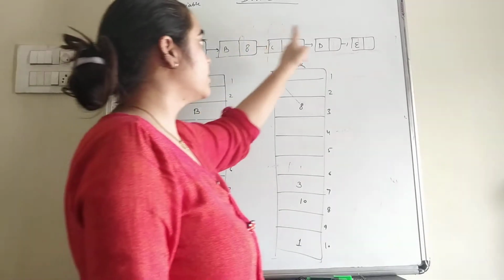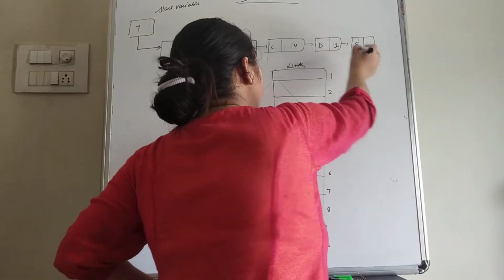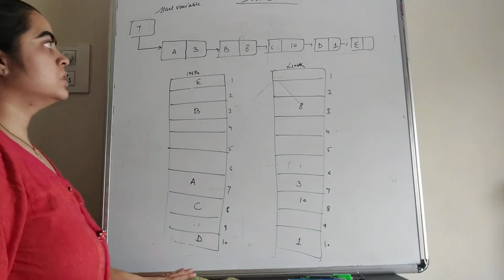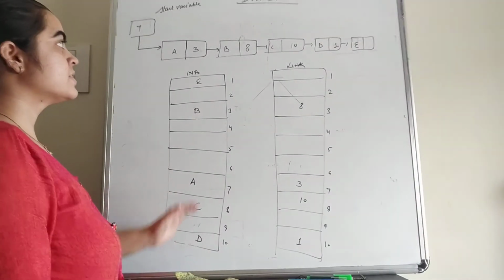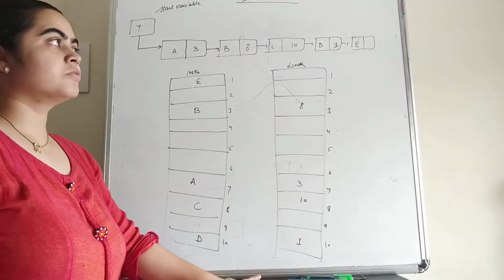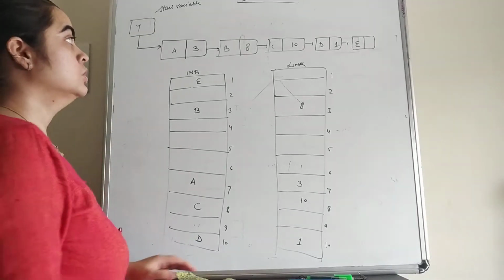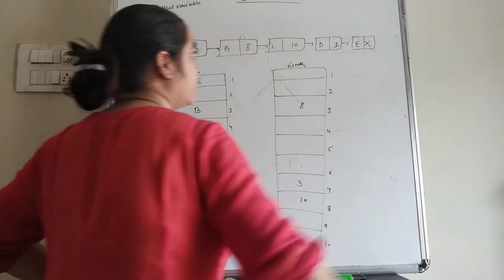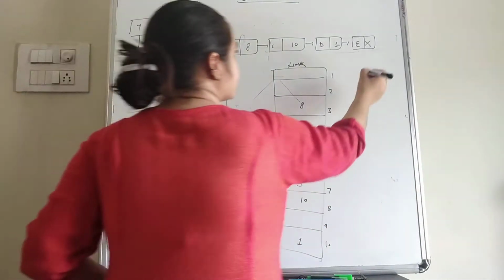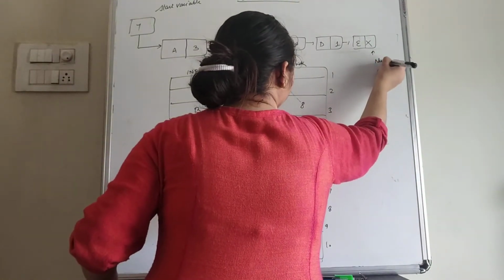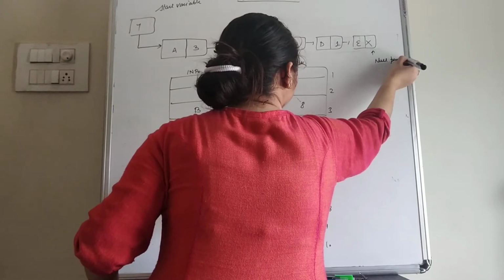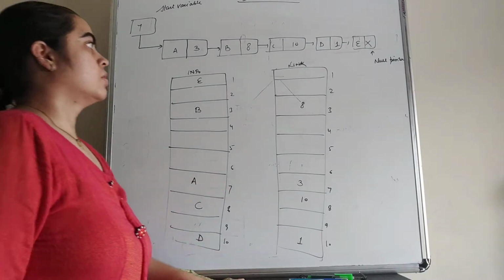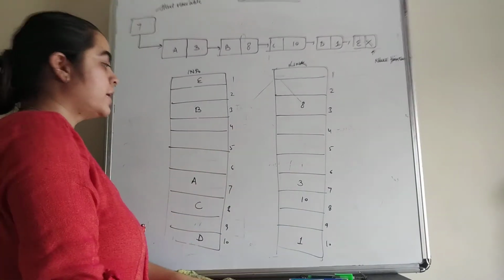Now you can see in this linked list there is no further node that is connected after E. So that means this is the end of linked list. There is no further pointer which can point to the next node. So we can represent it by cross, and this is also known as a null pointer. That means this is the end of the linked list, and there are no further links to the next node.